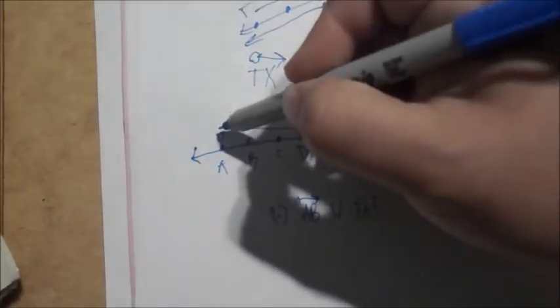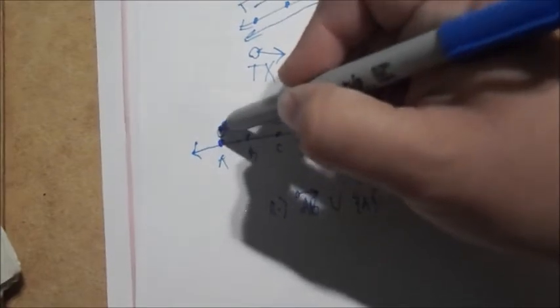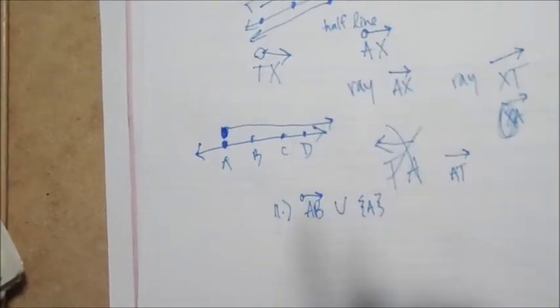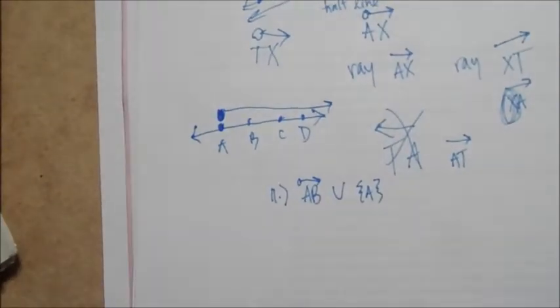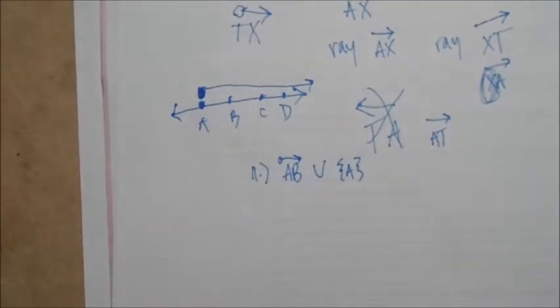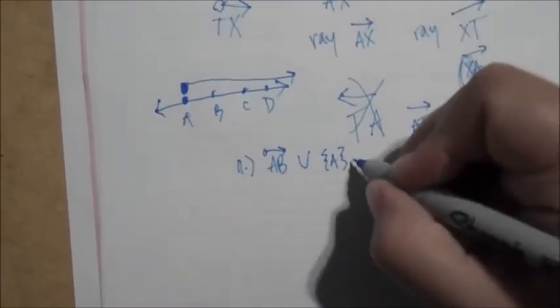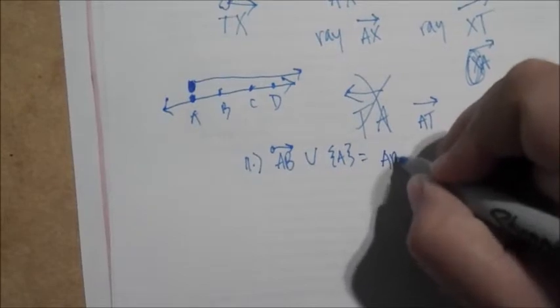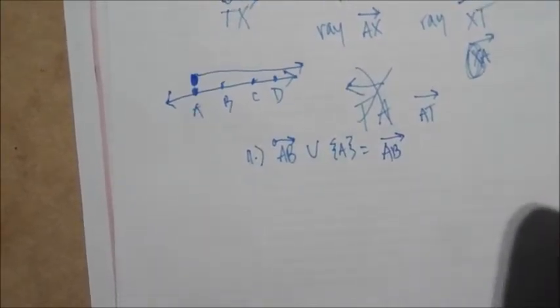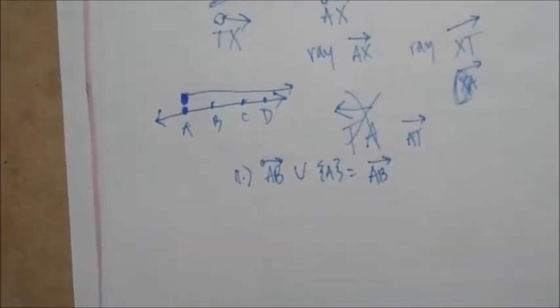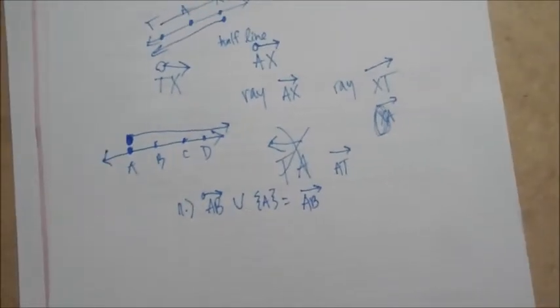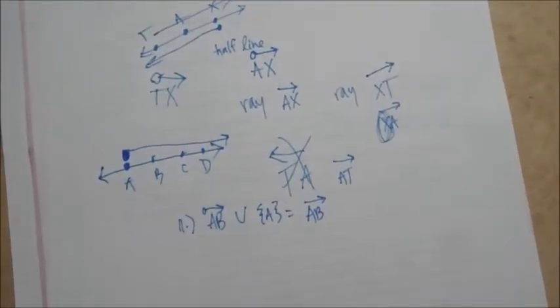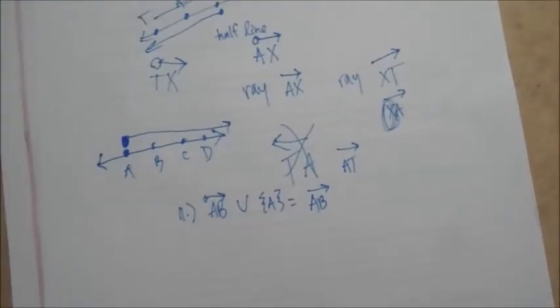And if you want to union it with this point right here, you put them together and it turns into that. So it doesn't look like a half line anymore because it does have the included endpoint. So what you would say to this is it's not a half line anymore, it's a ray. That's the kind of stuff they're looking for in numbers 11 through 17.